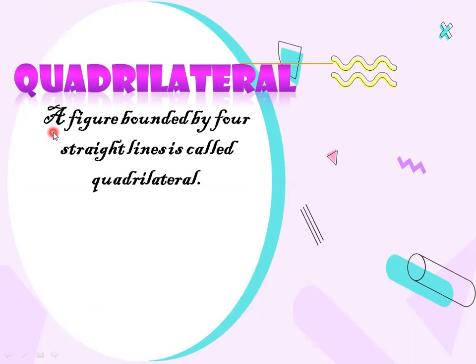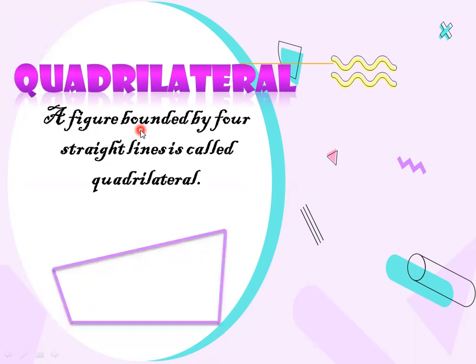A figure. Again here we are talking about a figure, but that figure is bounded by four straight lines. If you have any figure that is bounded, meaning joined, bounded by four straight lines, you will say that it is a quadrilateral. Now let's consider this figure.